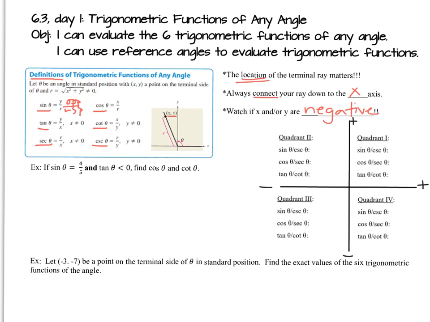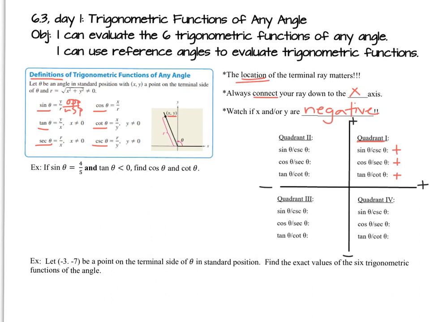In quadrant 1, we luck out because both x and y are positive. And that makes sine, cosine, tangent, cosecant, secant, and cotangent all positive answers. But in quadrant 2, things change. As you count to the left, that's the x value. So in our definitions, anything that has x in it is going to change sign.